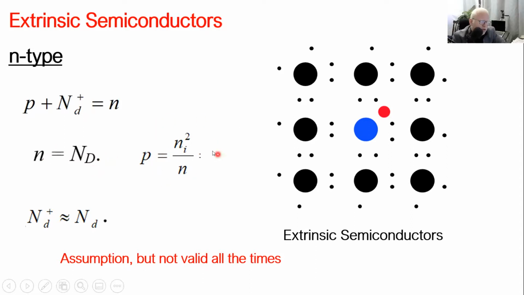Then if you substitute here, n_i is 10 to the power 10, which is for silicon at room temperature. 10 to the power 10 squared is 10 to the power 20. 10 to the power 20 over 10 to the power 15, then you have p equals 10 to the power 5. So in this case, you have 10 to the power 15 electrons and 10 to the power 5 holes. Then the number of electrons is much greater than the number of holes. This is a very important point, my dear students. So this is the case which is an n-type.